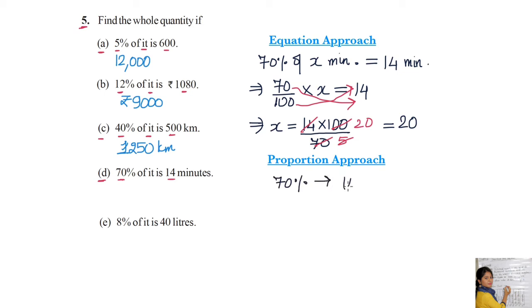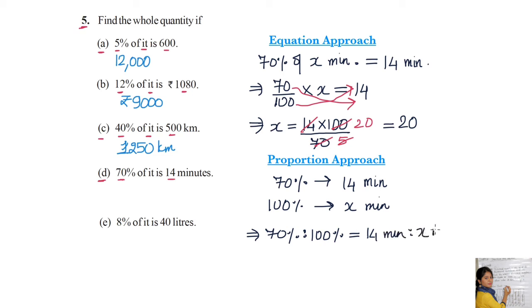70% corresponds to 14 minutes, so 100% corresponds to the unknown quantity, that is x minutes, right? So let's write it in proportion form. 70% is to 100% as 14 minutes is to x minutes.